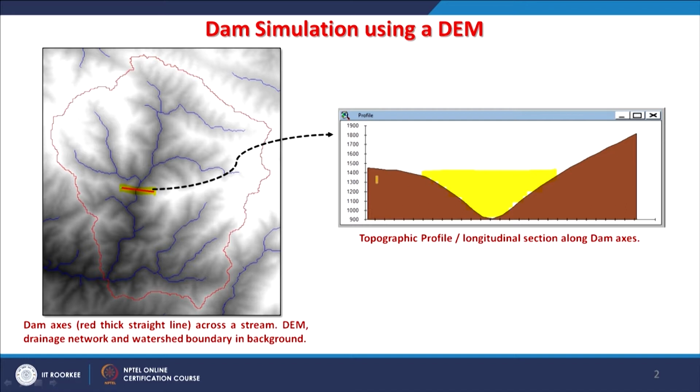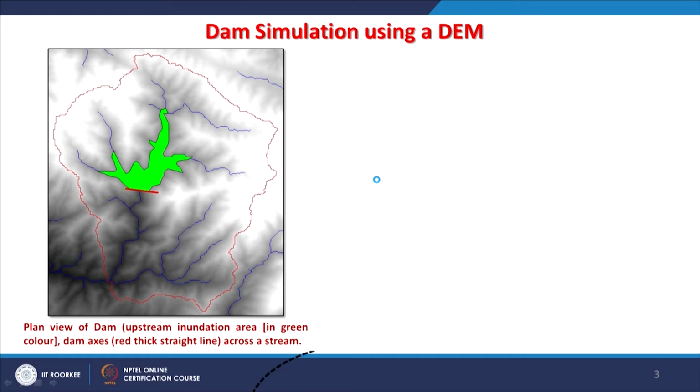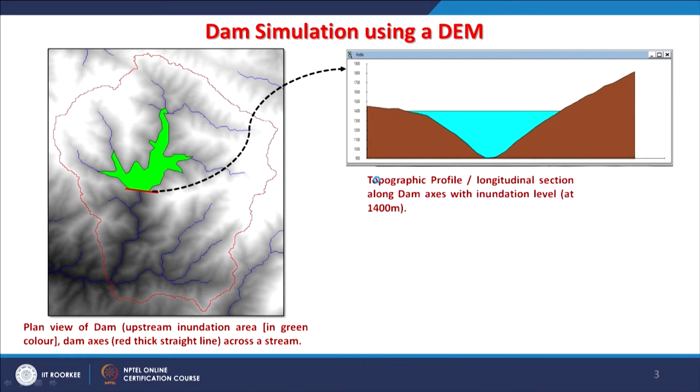So, by looking at this topographic profile, I can fill with water. Like here, once I choose that I want the water level at this elevation, that is 1400 meters in this case, this is going to be the inundated area in the upstream. Now, the reservoir has been simulated very easily.